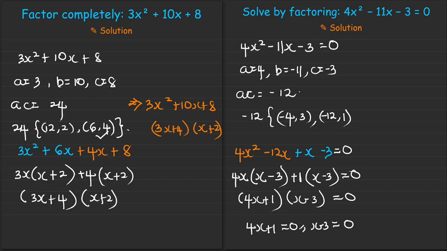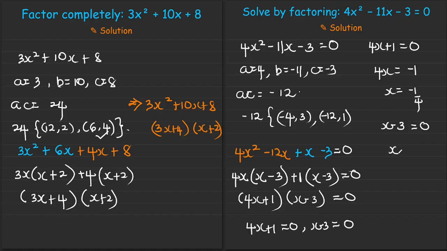Let's start with 4x plus 1 equals 0. 4x plus 1 is equal to 0. Making x the subject, we have 4x being equal to negative 1. And our x is simply negative 1 over 4. For this other one, we have x minus 3 is equal to 0.